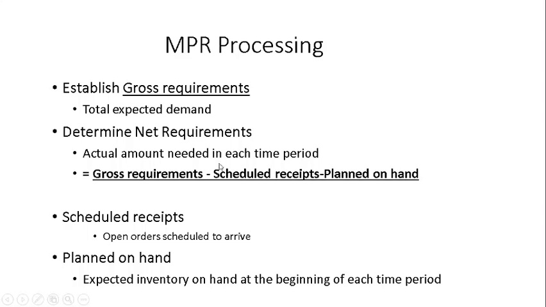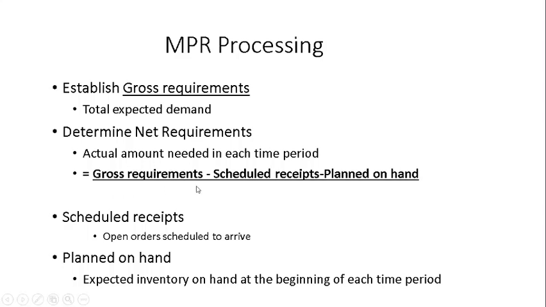The second step is to determine the net requirements, which is the actual amount needed in its time period. So we subtract from the gross requirements the scheduled receipts, what we are going to receive, and what we have in our stock already.